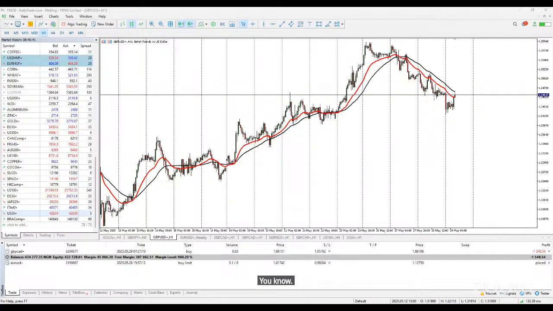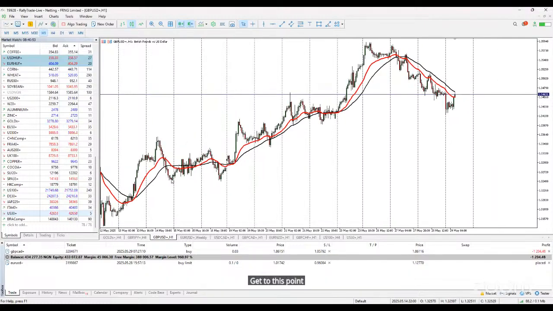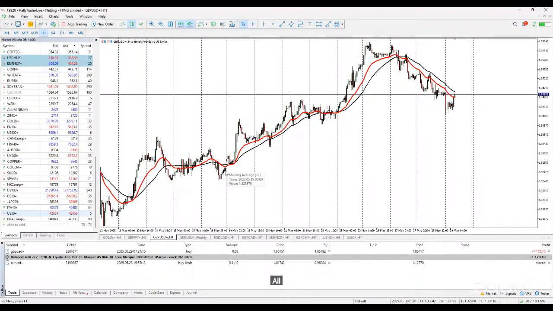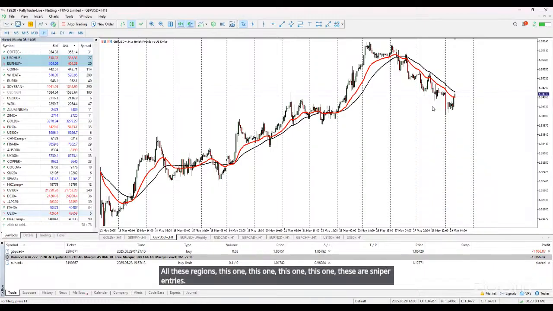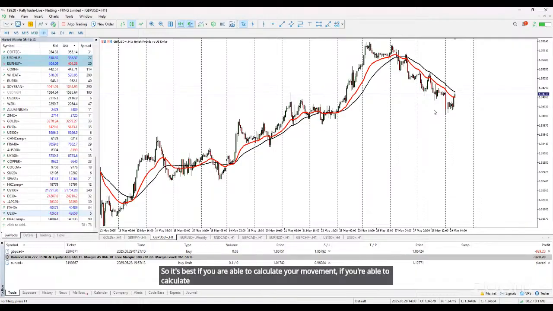Market is already here, so you first go down, you first see red before you see the gain. Market moves again from here, gets to this point, and comes back to this place. This place here is the best place to buy. All these regions are sniper entries. So it's best if you are able to calculate the movement on the chart and get those sniper entries.